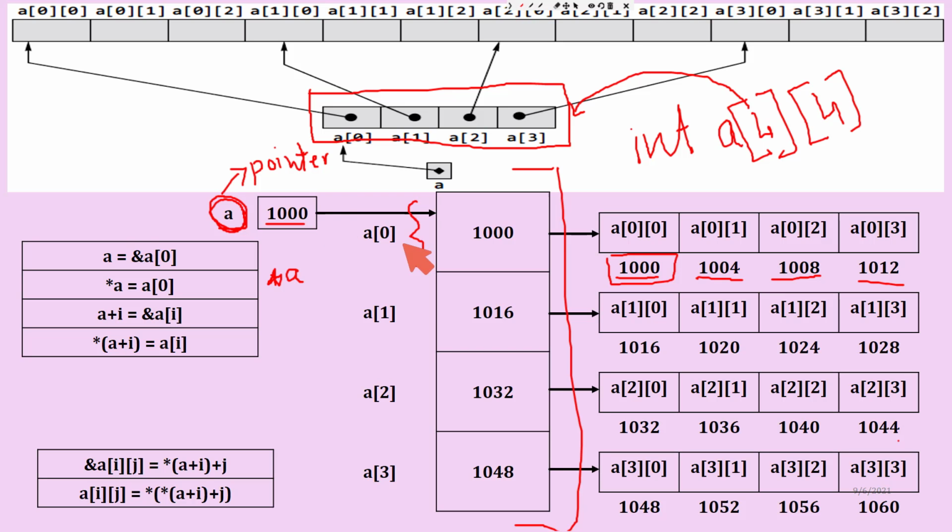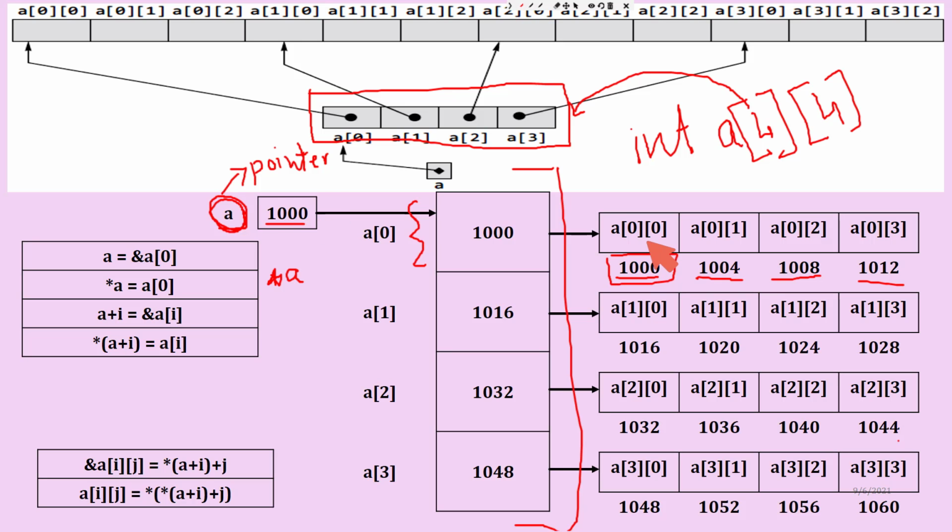Earlier we studied that in a one-dimensional array, A contains the address of the first cell. But in a two-dimensional array, in the internal architecture, the address of the first cell itself is stored in A. Star A means the value at 1000.